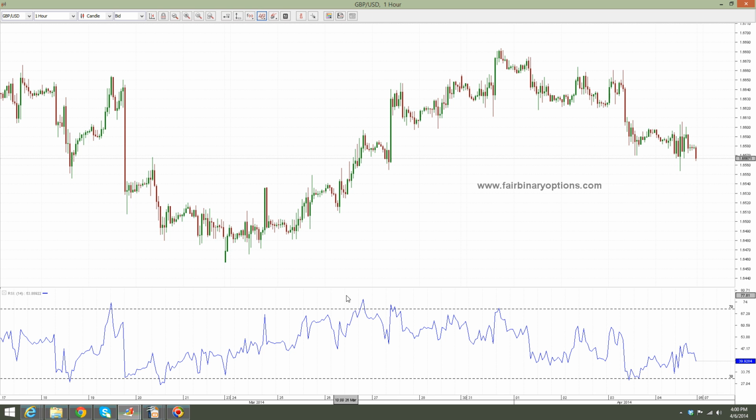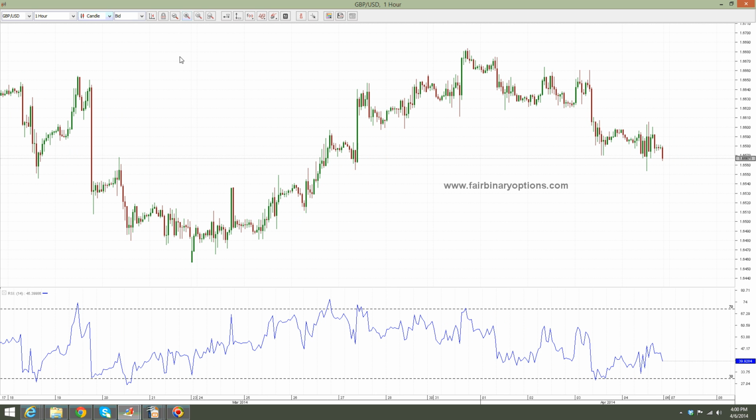As you can see, this is the relative strength index plotted on the 14 period, on the 1 hour chart, on the Great Britain pound US dollar. Normally it comes with the 70 level here and the 30 level. Anything above the 70 is considered an overbought area, and price should go to the downside.